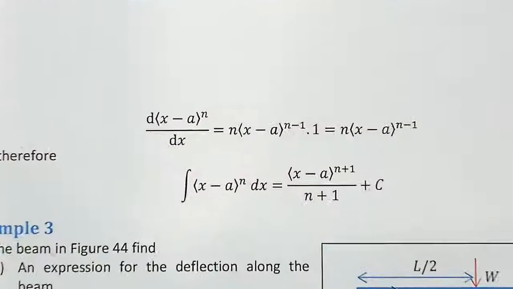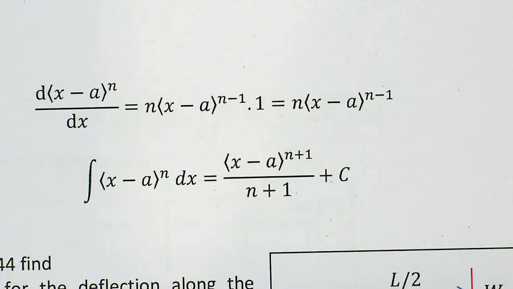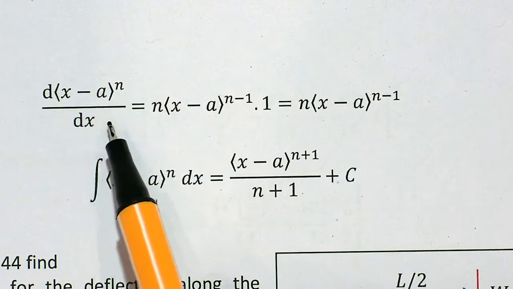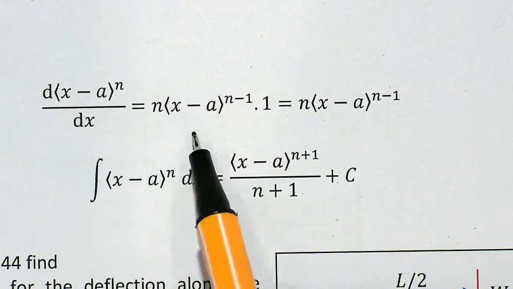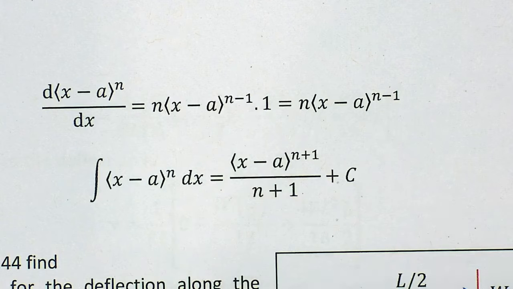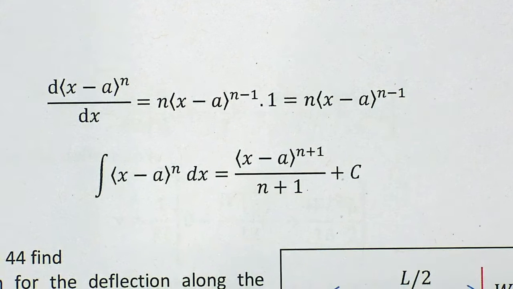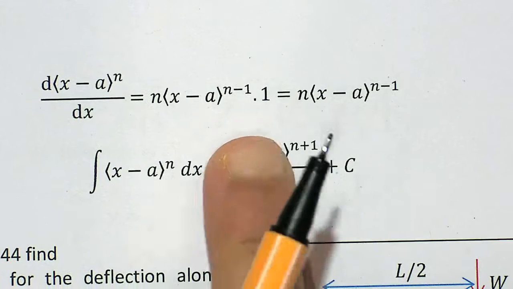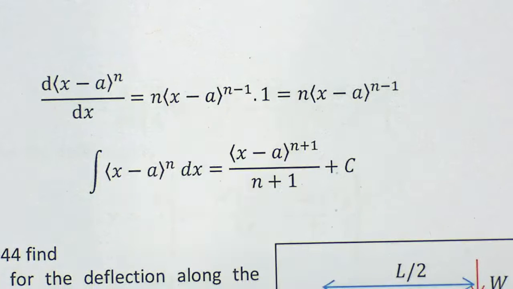In Macaulay's bracket, if you differentiate, you get n times x minus a to the power n minus 1, and integration works exactly the same way as the rounded brackets would.